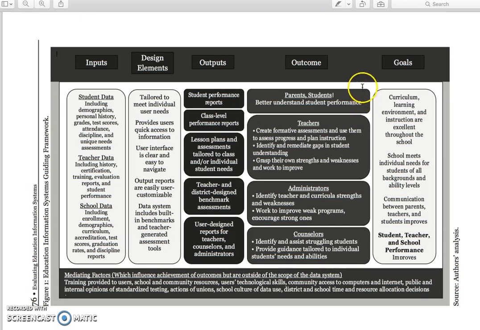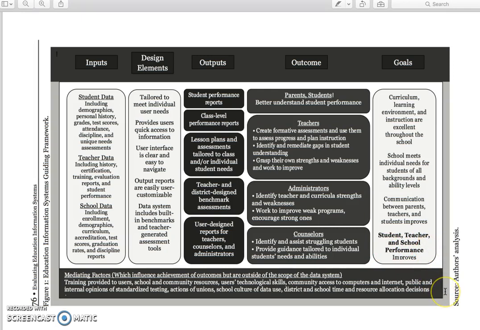And here at the outcome dimension, you would see different stakeholders may have different outcomes. They may want to achieve different outcomes, but in general, they are sharing a common vision or a common goal, which is the student, teacher, and school success.